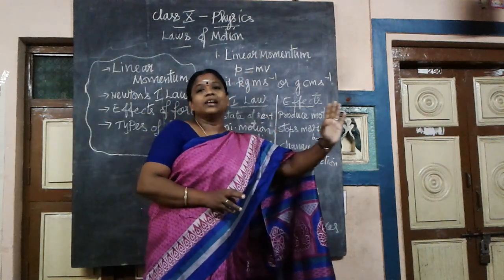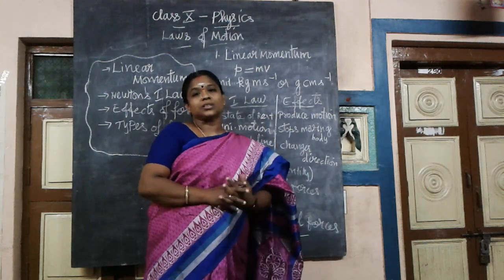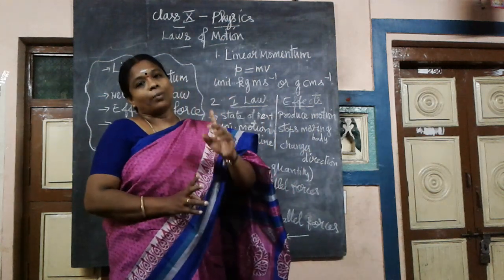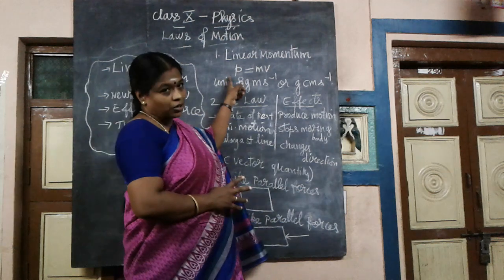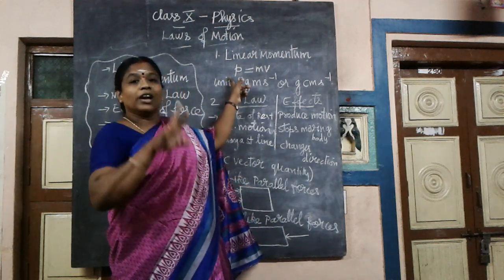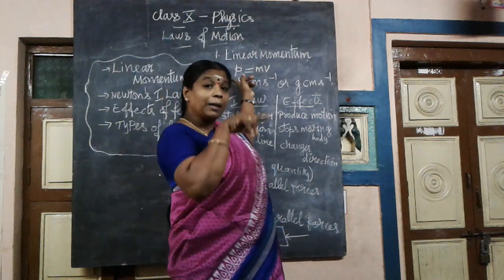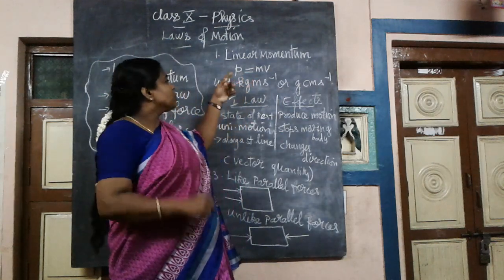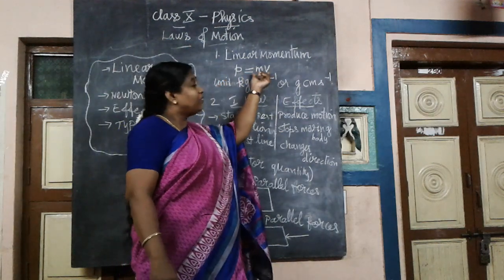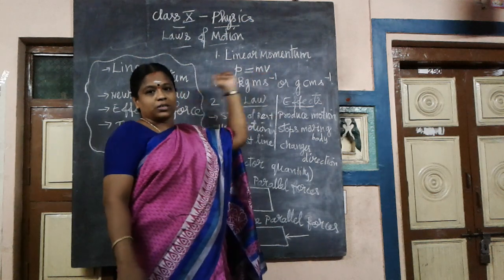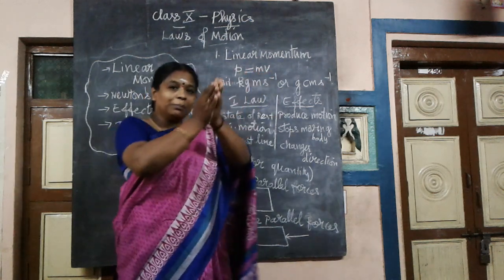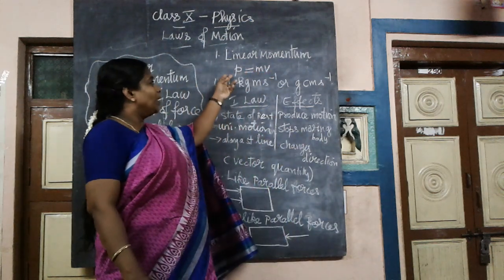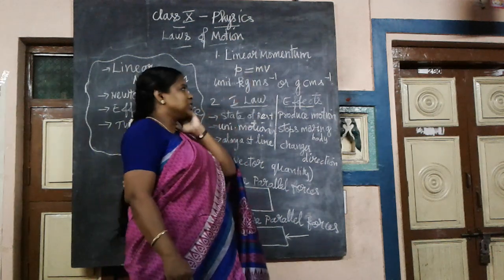If it is acting in a linear, straight way, then it is called linear momentum. Its symbol is small p, children. So don't confuse it with capital P. Capital P goes for pressure. So p is the combined effect of mass and velocity, the combined product. So p is equal to mass into velocity.